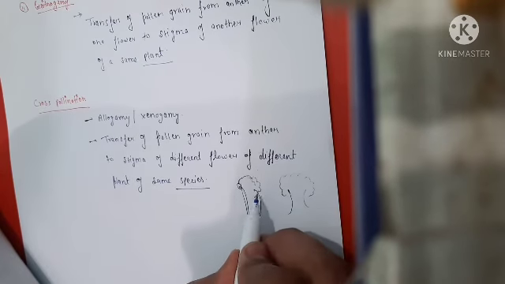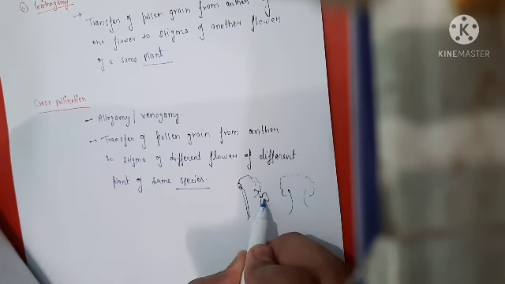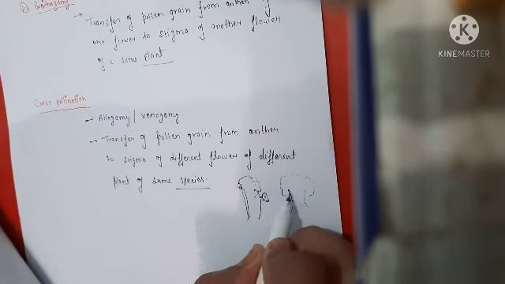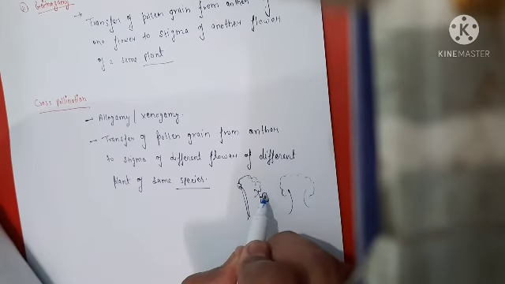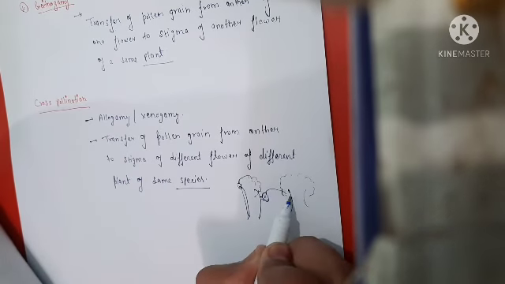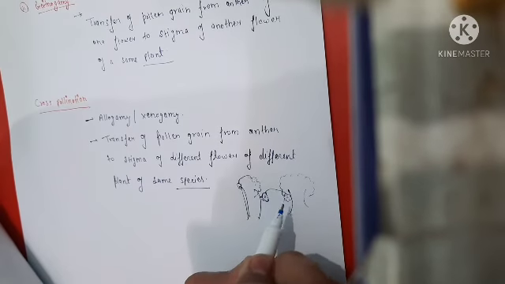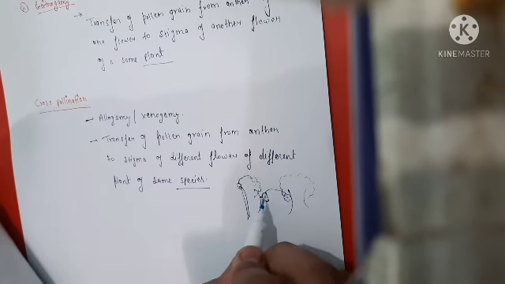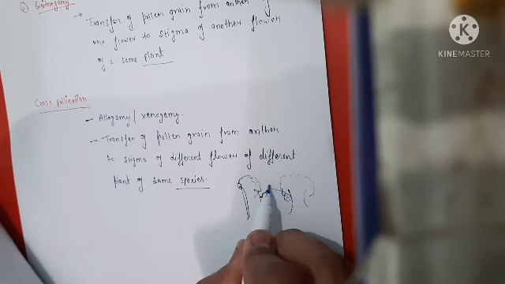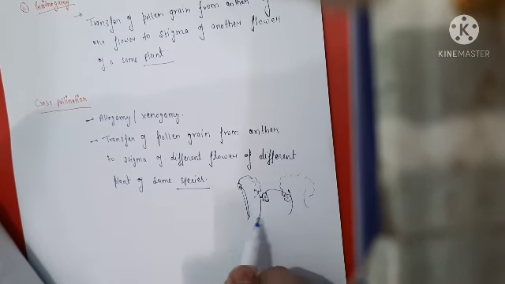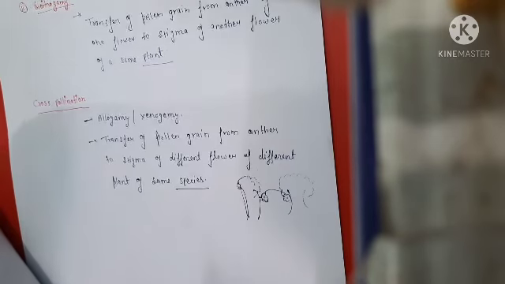Suppose here it is a flower, so here the pollen grain is transferred to this part. Okay, so that is called cross pollination. Means pollen grain from here is transferred to a different plant, but the plants are of the same species, so that is called cross pollination. I think you understand.